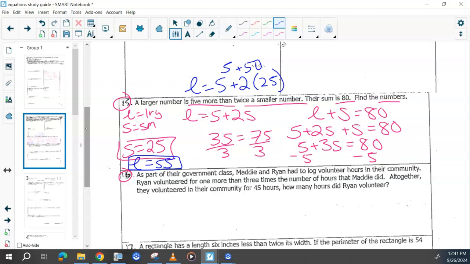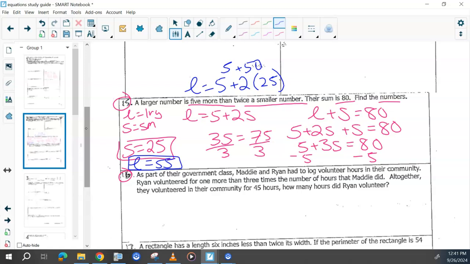Other questions there? How did you get the numbers to set them up? This 5 and this 2 and this 80. All the numbers were given to you.